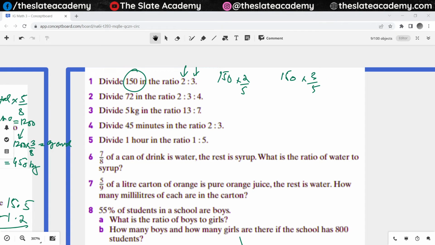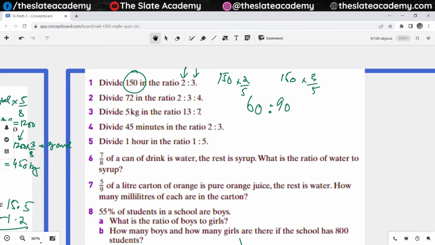Acha ji, your ratios quickly. 60 and the other one would simply be, you can do the multiplication or you can do 150 minus 60. So the answer for this one would be 60 ratio 90. So 60 ratio 90, if I add it, it becomes 150, 60 and 90. And if I reduce down the ratio, it will become 2 ratio 3. Ms. Anam, understood?